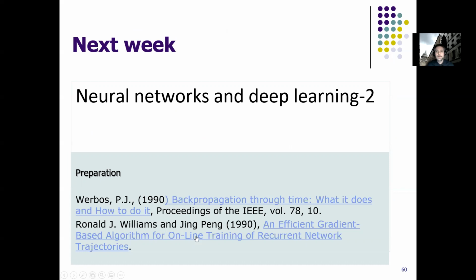And I have links to some online resources, two papers that introduced versions of backpropagation to train dynamic and recurrent networks, which are currently used in packages today to update recurrent networks. There are classic recurrent networks and LSTM networks based on these kinds of ideas.